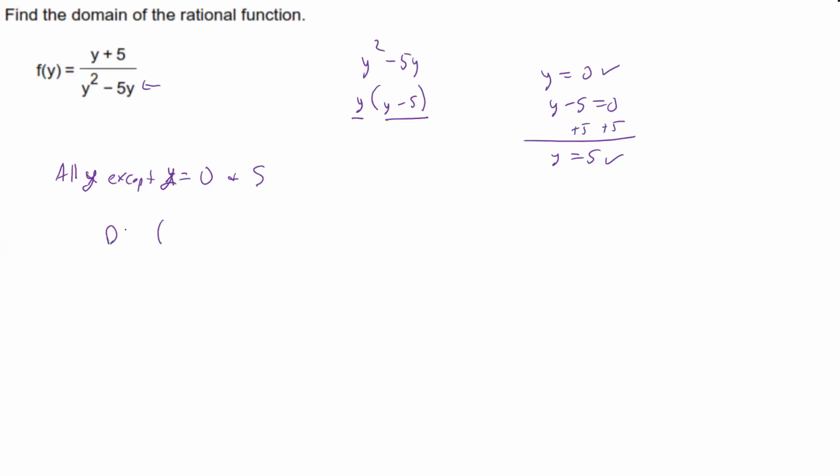Well, our domain is going to go from negative infinity up to 0, that's the first one, union 0 up to 5, but we can't include 5, union 5 all the way up to positive infinity. So here we exclude 0, and here we exclude 5, because if they are equal, we get 0 in the denominator, so we cannot have that. So all the y's except for those two are going to be possible.